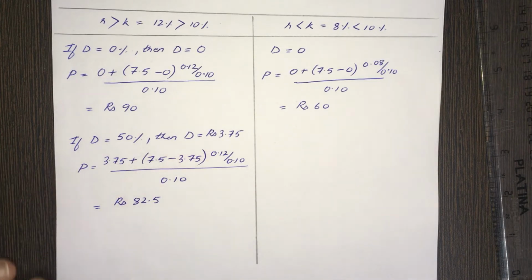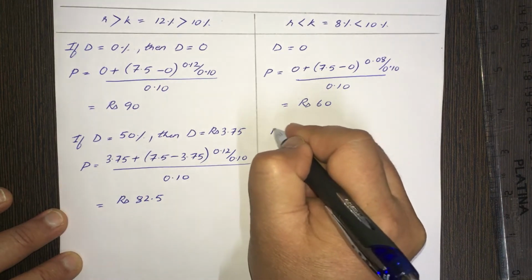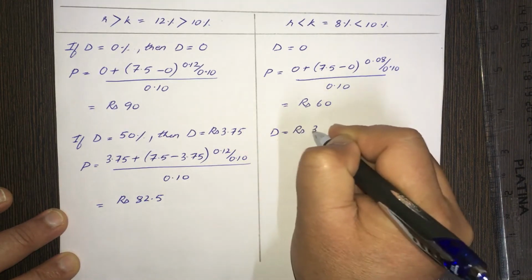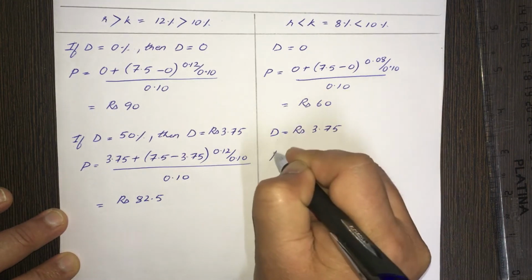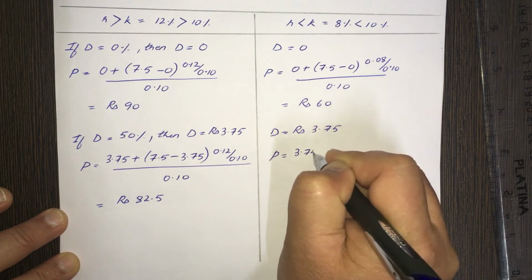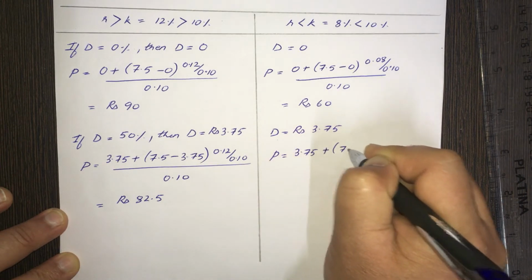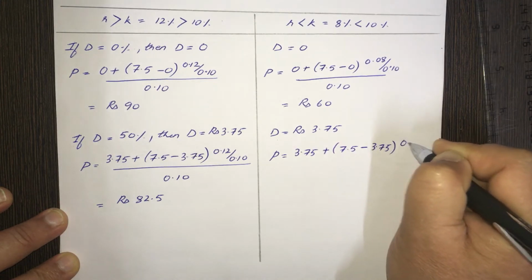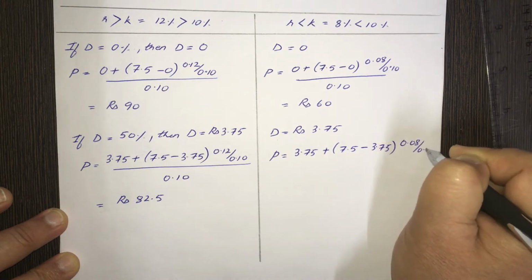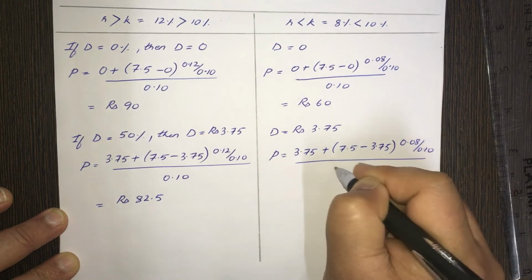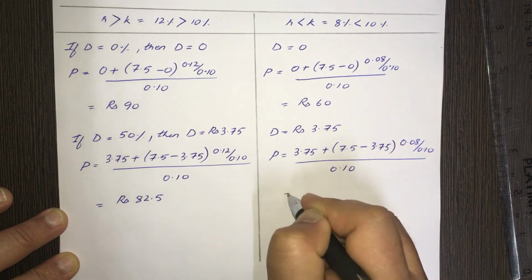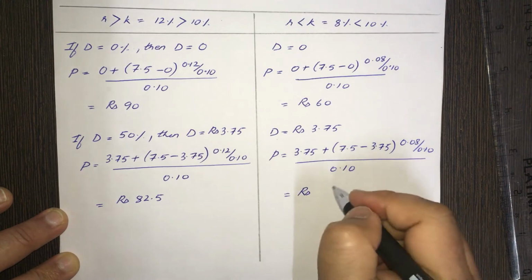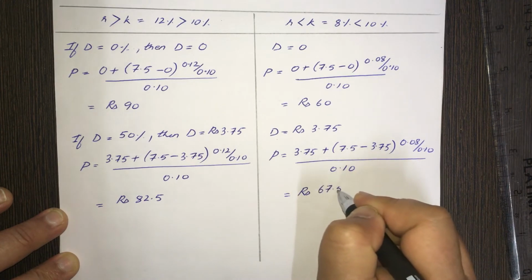There we have it. Again, same thing here when D is rupees 3.75. So P is equal to 3.75 plus 7.5 minus 3.75 into 0.08 divided by 0.10, the whole thing divided by 0.10. And when you solve, you'll get rupees 67.5.